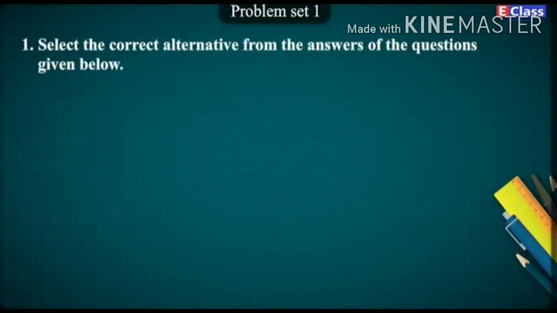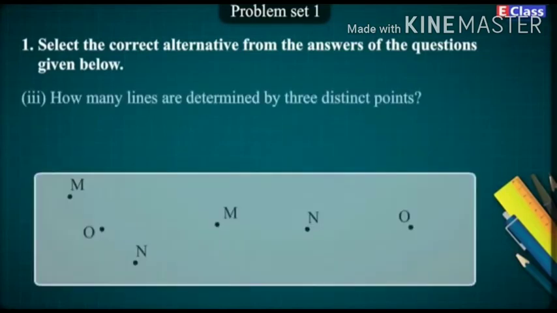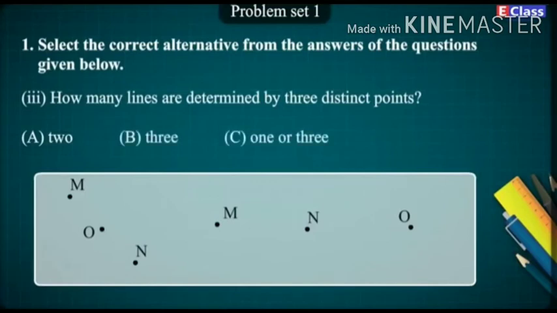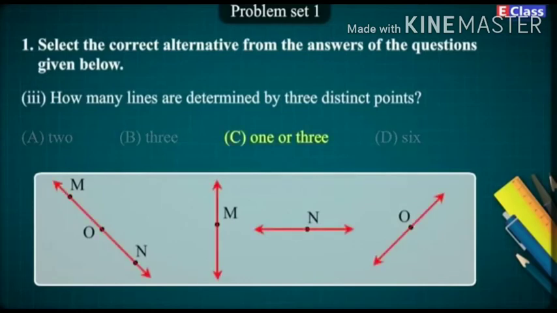3. How many lines are determined by three distinct points? A. 2. B. 3. C. 1 or 3. D. 6. Answer: C. 5.